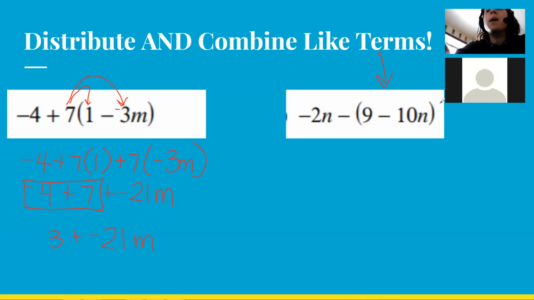You would think so, Emma, totally, but check out what's blocking that -2n from being distributed. It's that minus sign. And anytime a number gets distributed, see how the 7 is right next to the parentheses? That's what has to happen. So what number is right next to the parentheses, even if I don't see it?